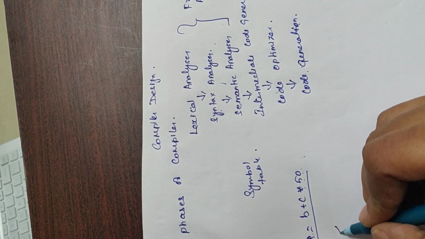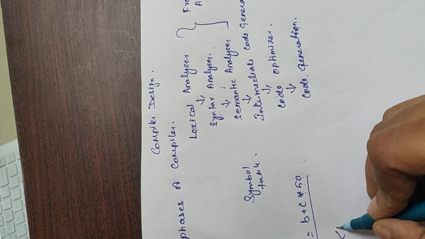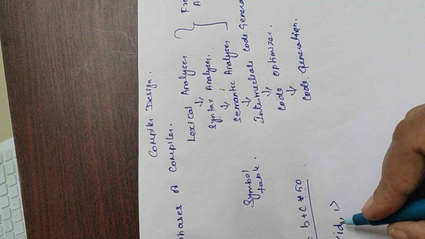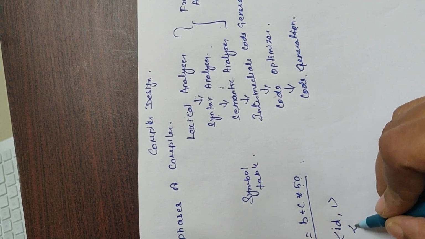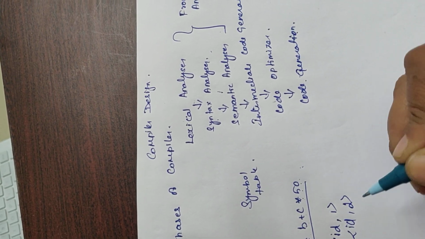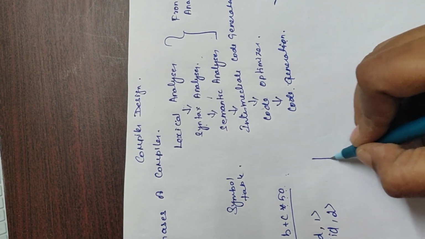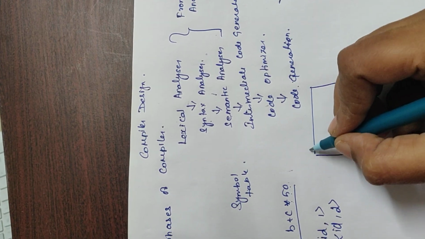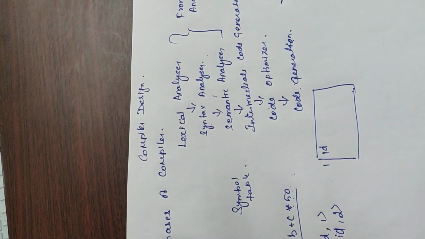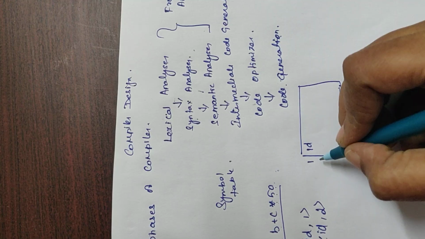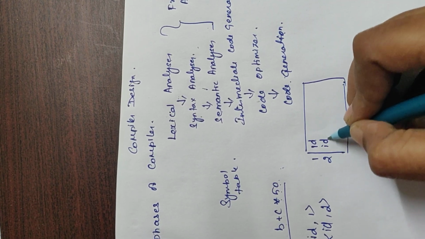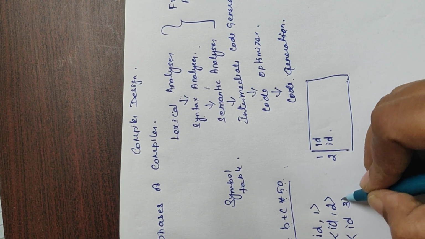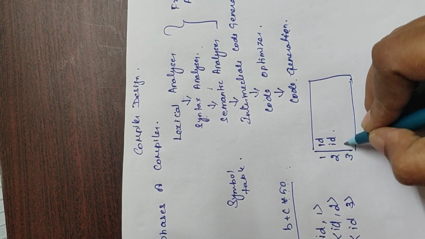Now this token will be taken as ID and given the name 1. B will be taken as ID 2, because in the symbol table we'll have the structure like this: ID with entry 1, entry 2, and C as ID 3.